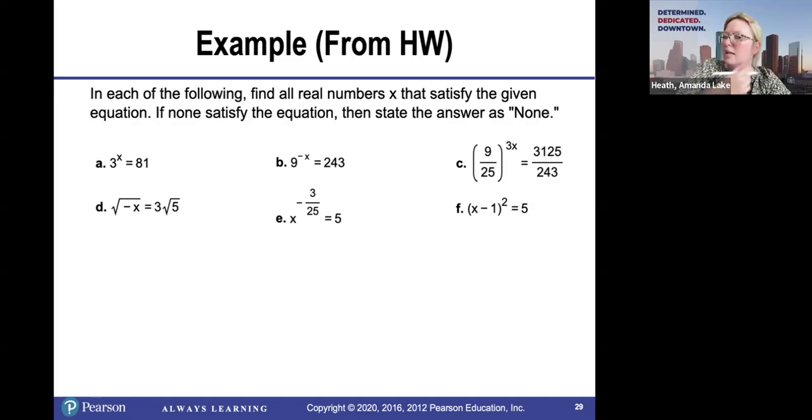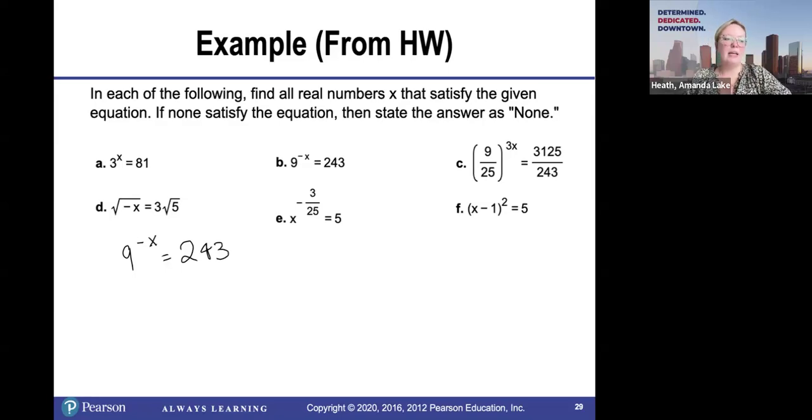All right, so if we look at the next one, 9 to the negative x equals 243. Again, I want to write 243 as 9 to some power. So what I would do here is just divide 243 by 9.